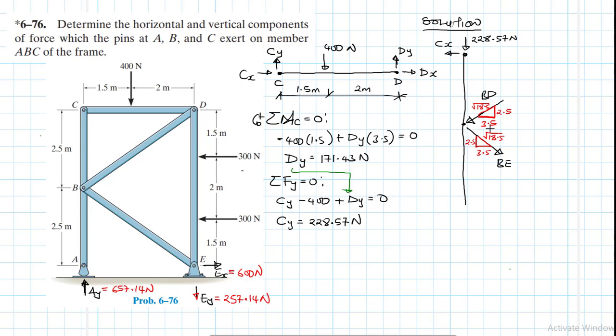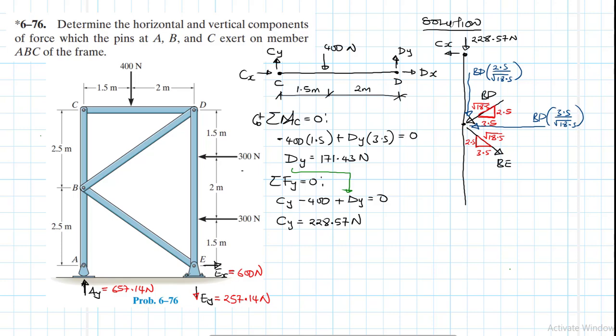So we expect components here. One component like this, another component for this one like this. Okay. So this one is BD by 2.5 divided by root of 18.5, and this one BD by 3.5 divided by root of 18.5.